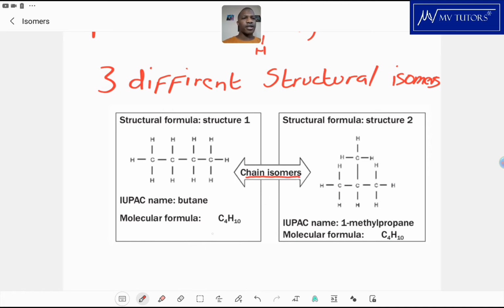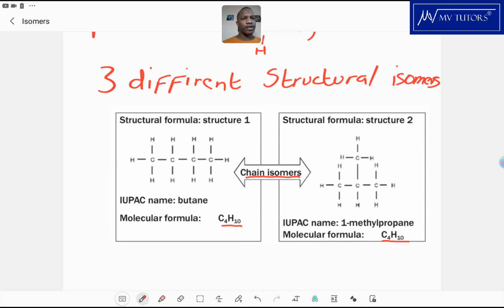Now the first one we're going to discuss is this one, which is called the chain isomer. What makes it a chain isomer? As you can see, they both have the same molecular formula. They're both C4H10. But they have different structural formulae. As you can see, the structure here is a straight chain. This one is a butane. This one is a propane because there's 3 carbon atoms in a row.